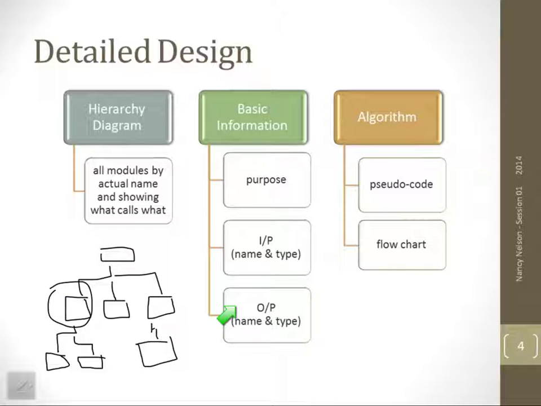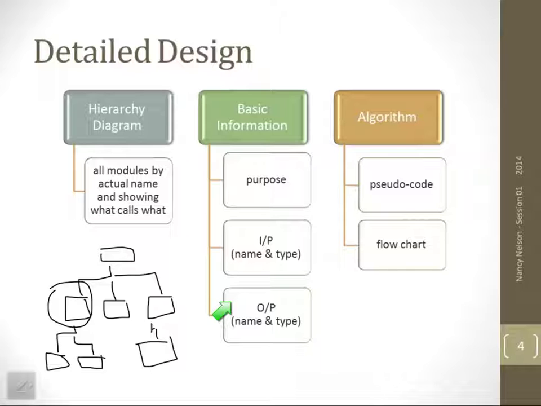Finally, we're going to provide or specify the output that this module is going to generate. Sometimes there is no output, sometimes there is no input, sometimes there's both. In any case, we need to consider what type of information it requires to do its job and what kind of information it actually produces and returns back to the system.